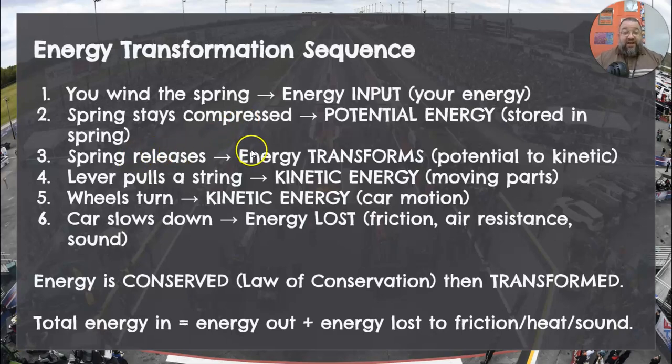When you release it, that energy transforms into kinetic energy. The mousetrap pulls a spring, and again, that's kinetic energy in moving parts. The string is attached to an axle, which turns the wheels. The wheels turn. Again, kinetic energy. You're now having to overcome motion, right? And then eventually, when the string is done and the energy is already released, that energy is lost to friction, air resistance, and so on, and the car slows down.